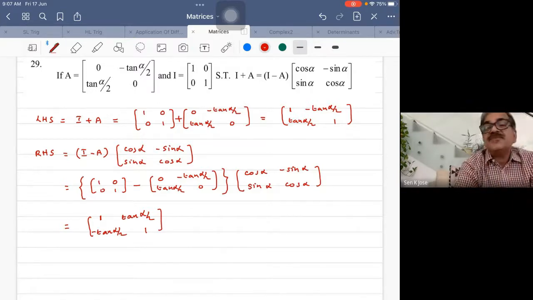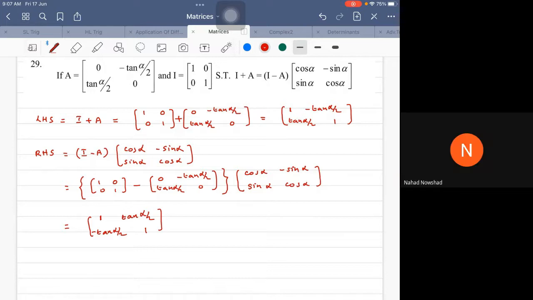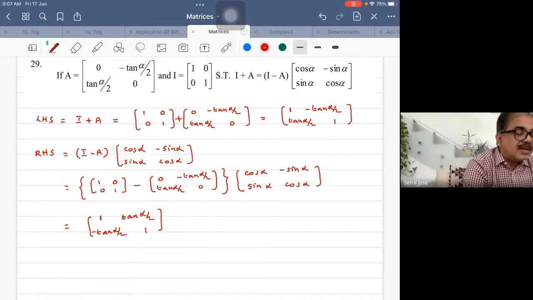We have a set of formulae for that to change it into the half angle tan formula. Nahat, can you tell me the half angle tan formula for cos alpha? Yes, sir. Cos alpha by 2 equals 1 minus cos alpha divided by 2. I mean, actually, 1 plus cos alpha by 2. I don't think it is right.